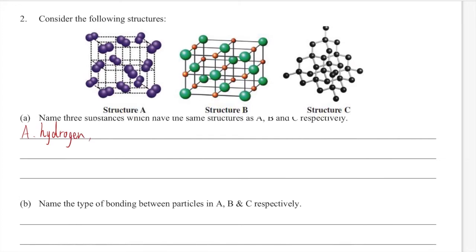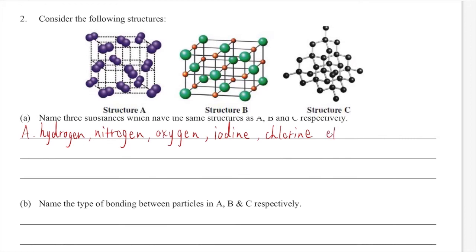There are many other gases that exist as diatomic, such as nitrogen and oxygen. Also some other halogens exist as diatomic molecules. So for example, we can have iodine and chlorine, which have the same structure as shown in structure A.